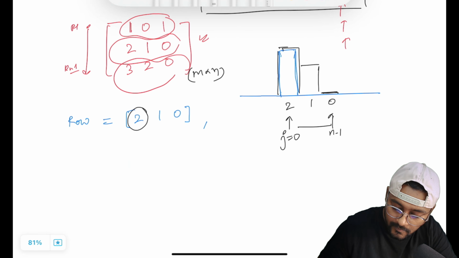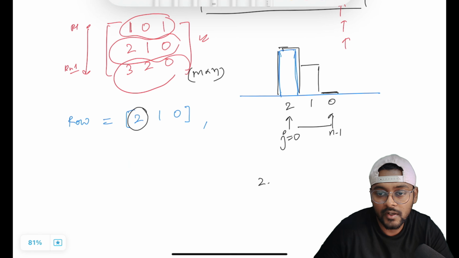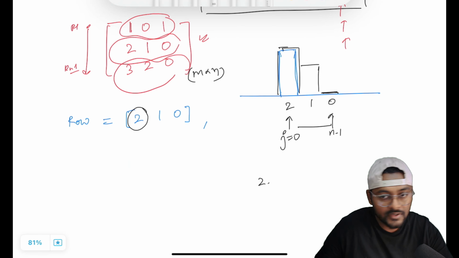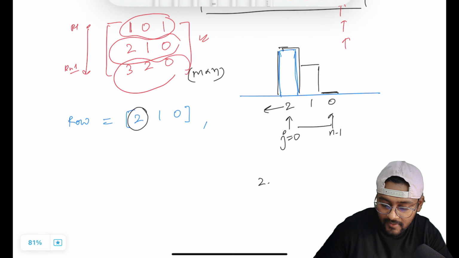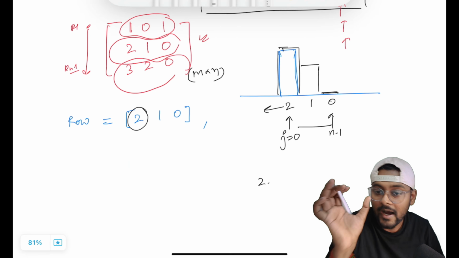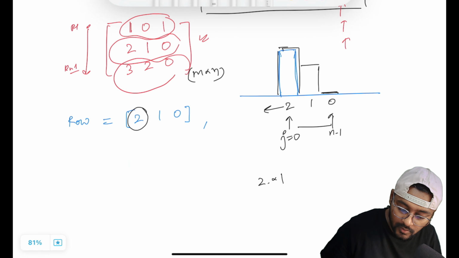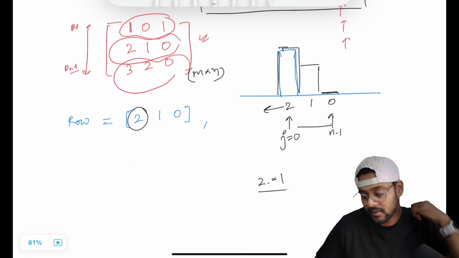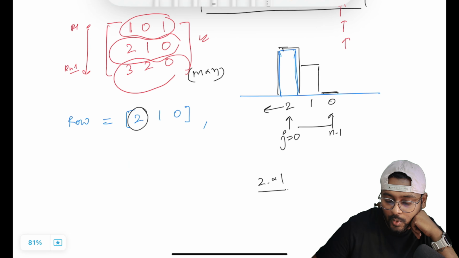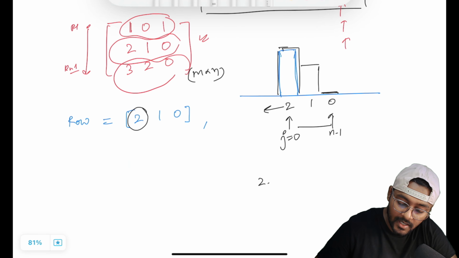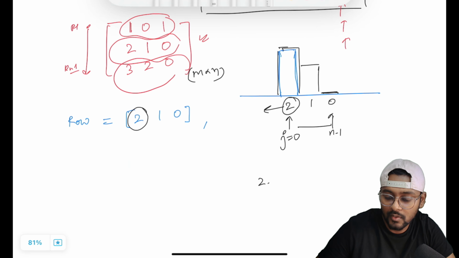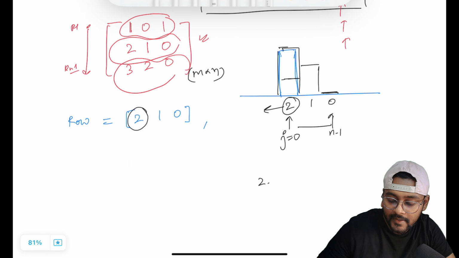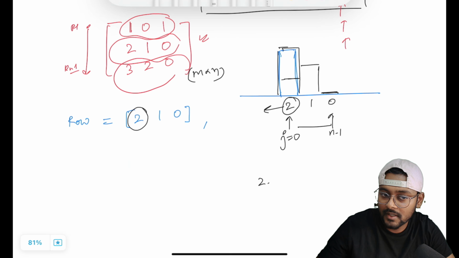Firstly, my height is 2, and on the left side I can't go anywhere. So we have a width of 1 and a height of 2. In this case, whatever is the height, 2 is going to be my answer, because I can take a 1 height block, I can take a 2 height block, I cannot take a 0 height block.